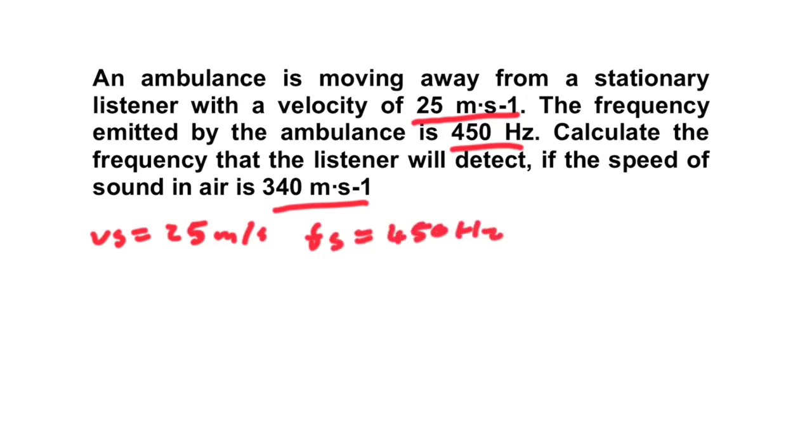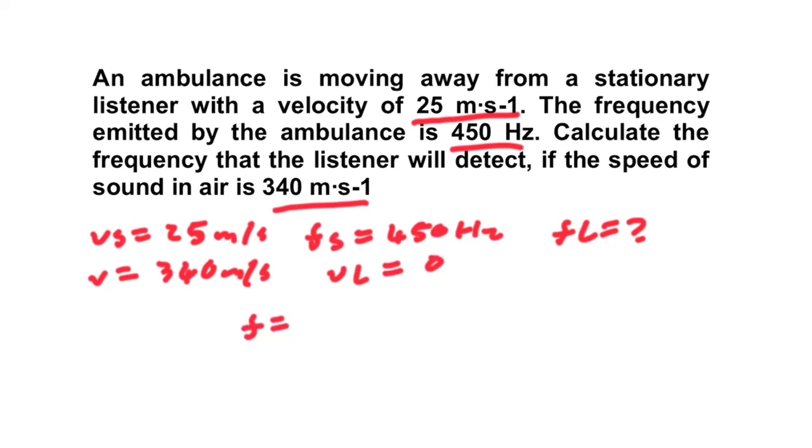Calculate the frequency detected, so we want FL, and then the speed of sound in air is 340 meters per second, and our listener is stationary, so VL is equals to 0. Right, our ambulance is moving away, so we're gonna have FL being equals to V plus or minus VL divided by V plus or minus Vs multiplied by Fs.